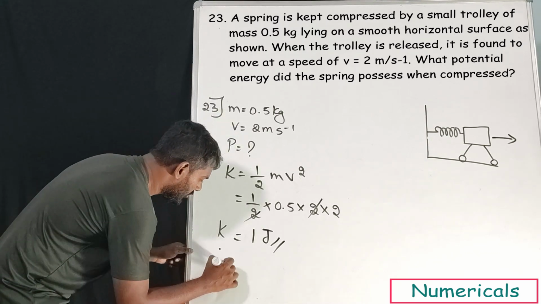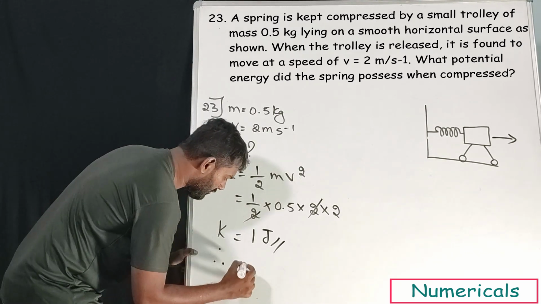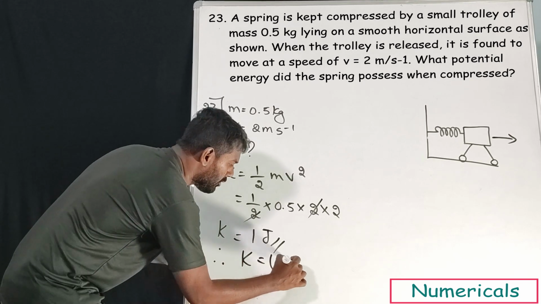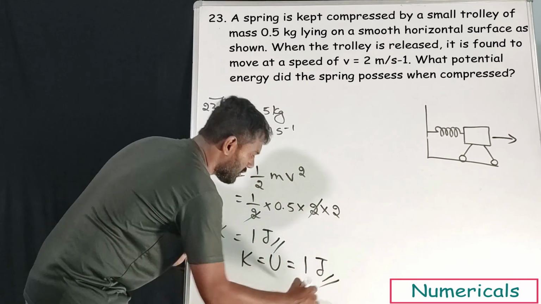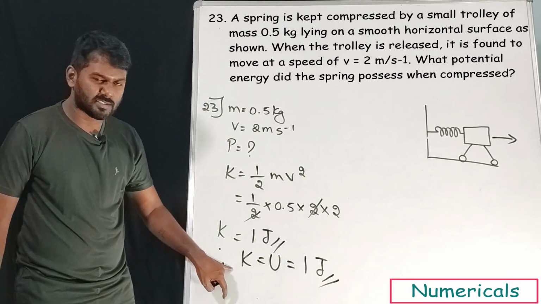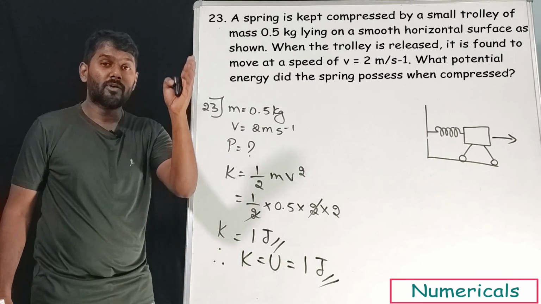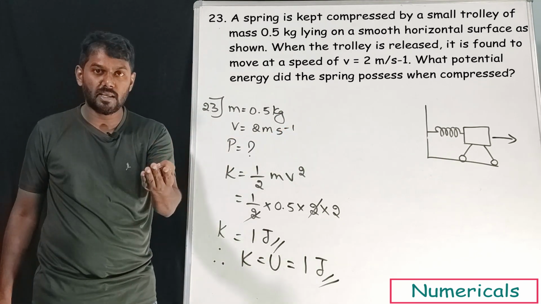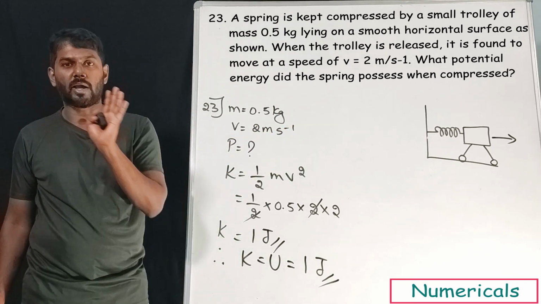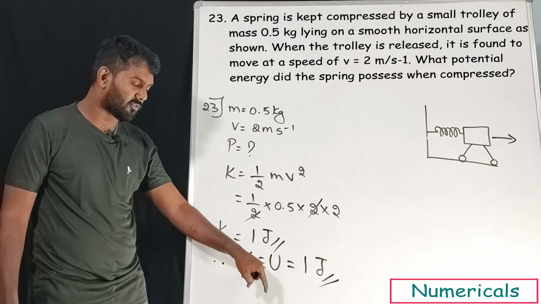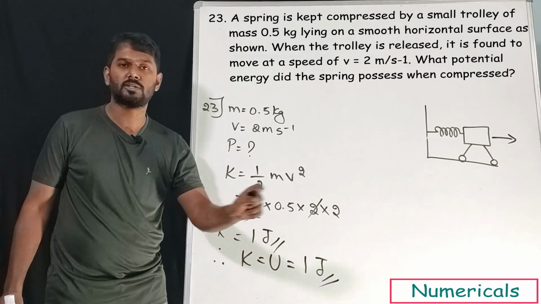Therefore, you have to write that sentence: when the spring is released, potential energy will be converted into kinetic energy. Therefore, kinetic energy is equal to potential energy, that is nothing but 1 joule.